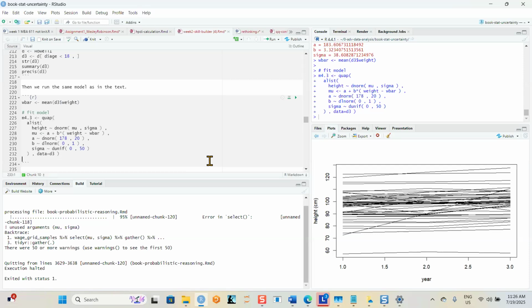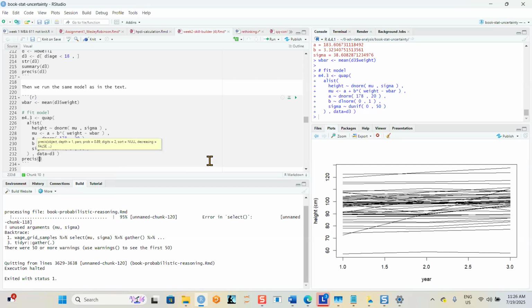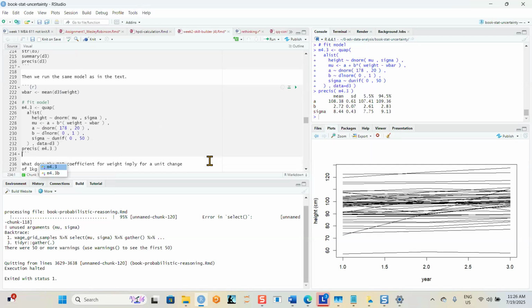And we want to name this the price of M4.3. And there we go. It does change things. It changes B. It changes the mean. They're still very nicely, even more tight.